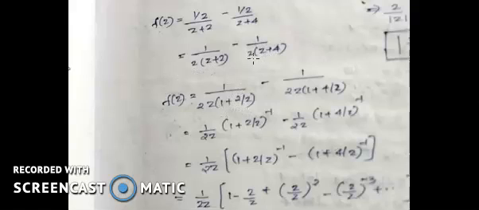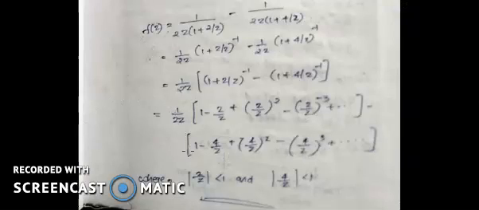Here also taking z outside, 1 plus 4 by z. Now you take this to the numerator, (1 plus 2 by z) the whole inverse. Here also (1 plus 4 by z) the whole inverse. Also in both the terms 1 by 2z is common. So from the first term we take 1 by 2z, second term also 1 by 2z as a common term. So within bracket we get (1 plus 2 by z) the whole inverse minus (1 plus 4 by z) the whole inverse. Now let us expand it.